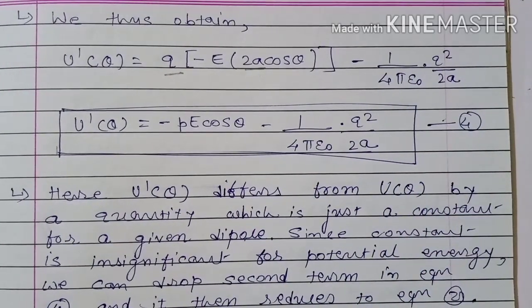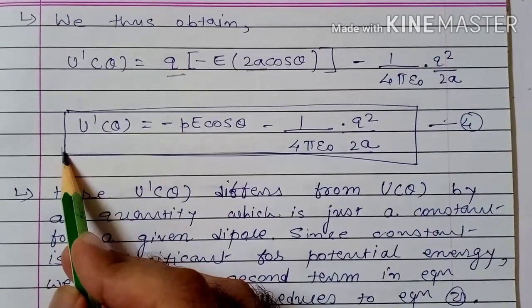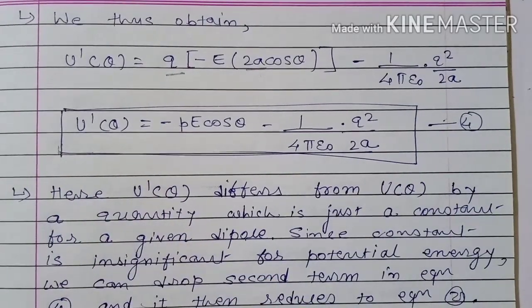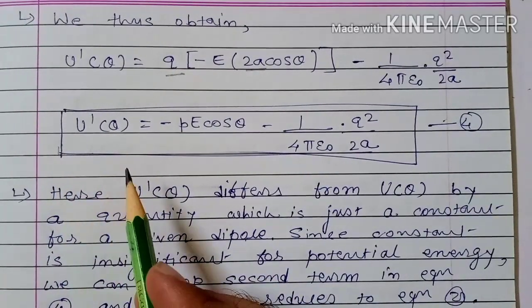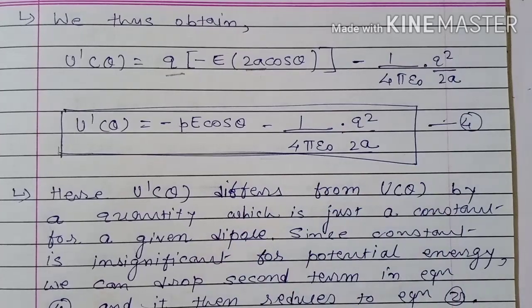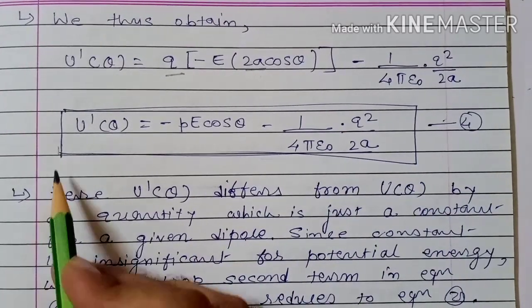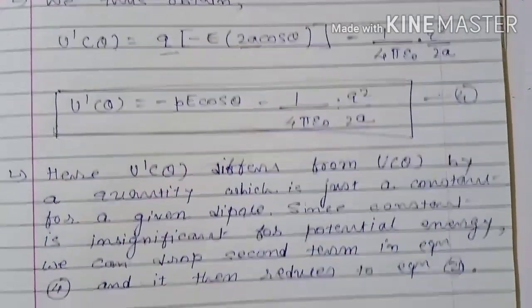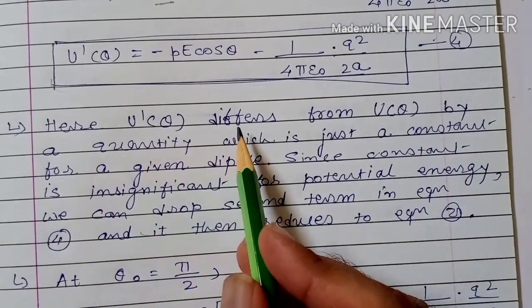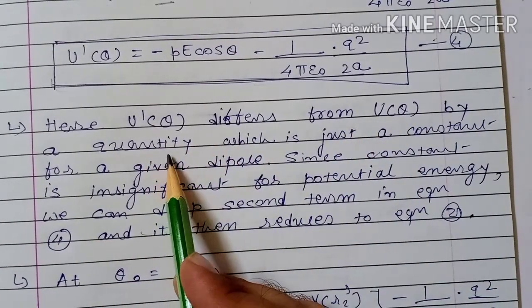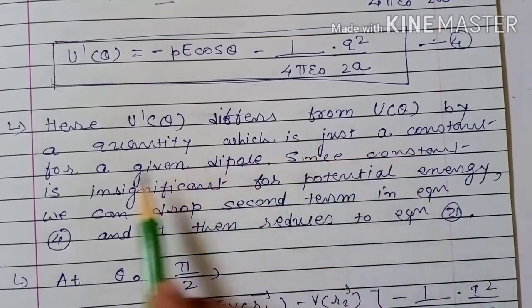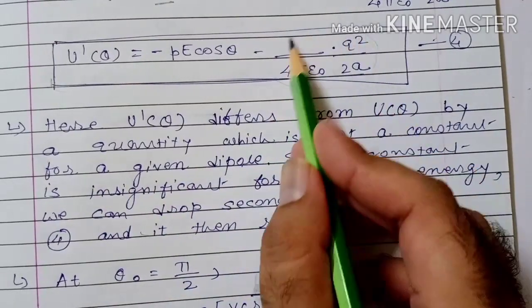We have obtained the formula of potential energy at angle theta in first method, and this is the formula of potential energy at angle theta through second method. In both the methods, what is the difference? Here u dash theta differs from u theta by a quantity which is just a constant, this constant.